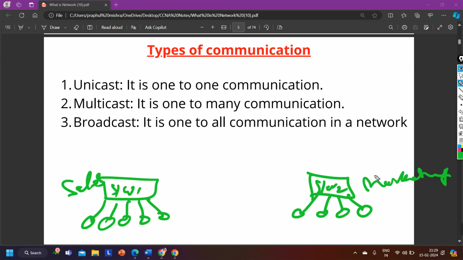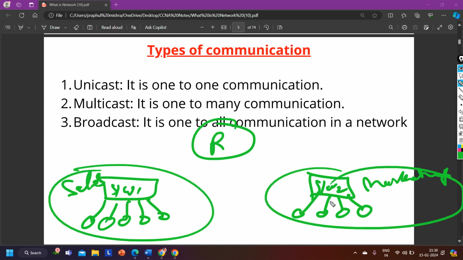So I'm going to introduce the second networking device in front of you. To connect multiple networking devices together, we have the switch and we have the access point. Now to connect multiple networks together, we have a device called a router. This is a different network, and this is a different network.